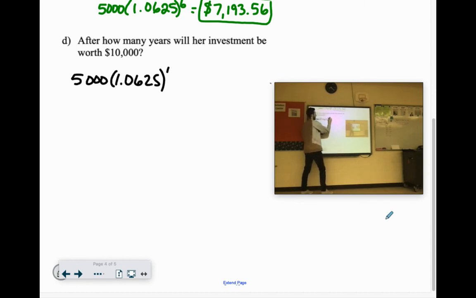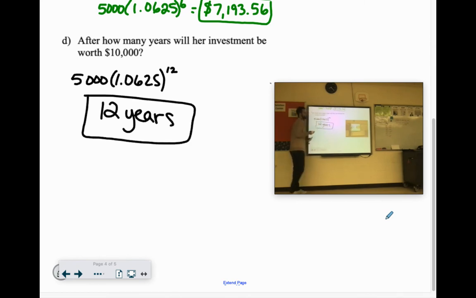And then we'll try 11. 1.0625 to the 11th. 1.9. Ooh, it's close. So year 12 will be when she is over that 10,000. So we can get that exact number.